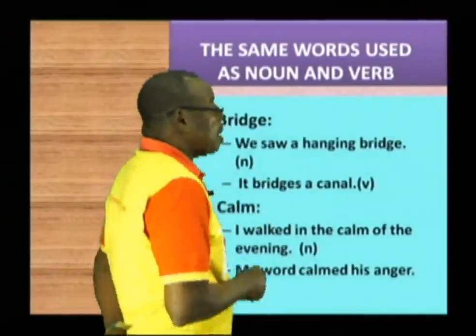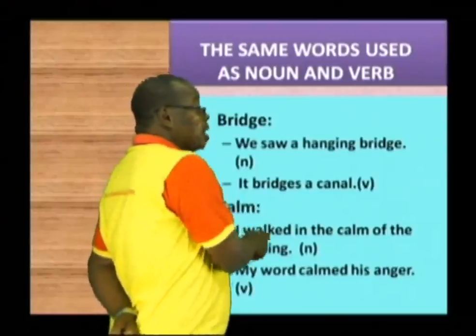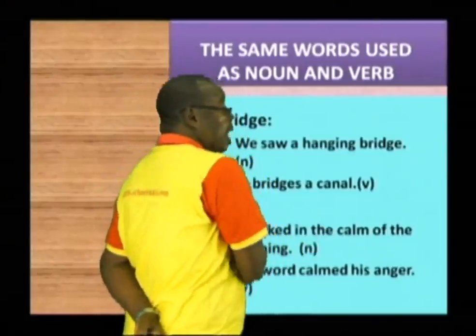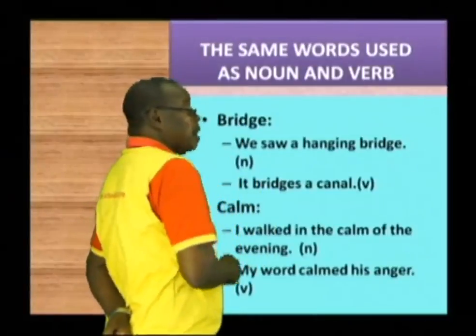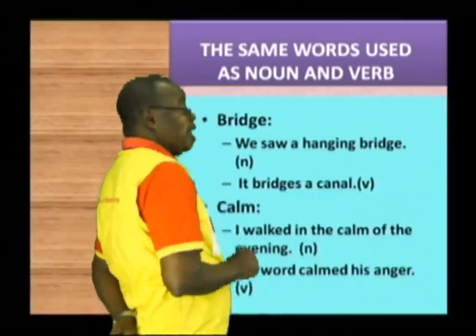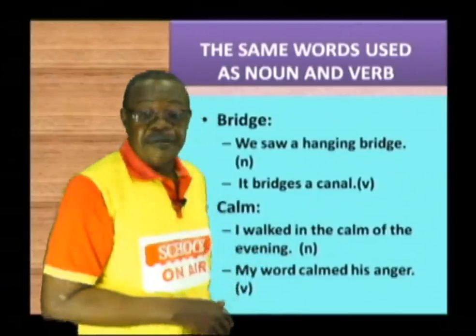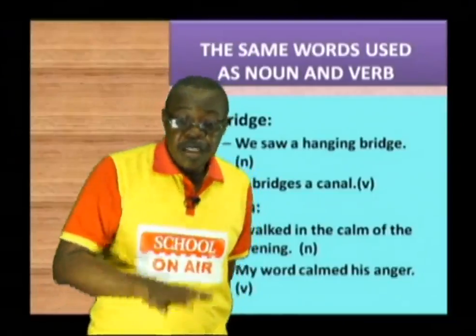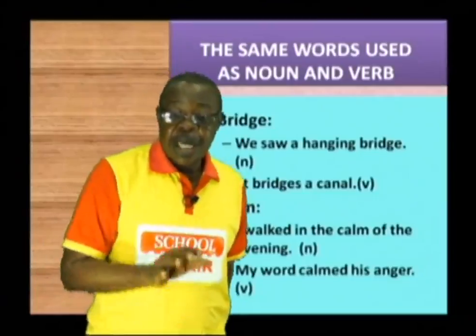Look at the next word, calm. I walked in the calm of the evening. Calm there is a noun. And then look at the verb: my word calmed his anger.